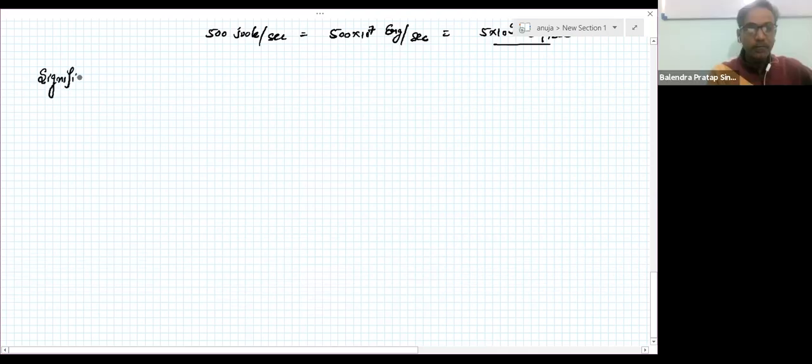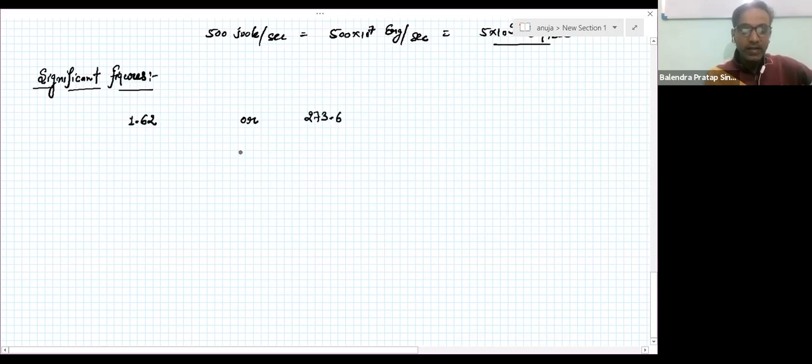Significant figures. If you have a number which has some decimal places, such as 1.62, or another number like 273.6, the last digit of any number is basically uncertain.